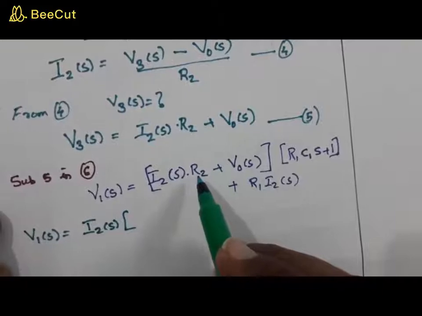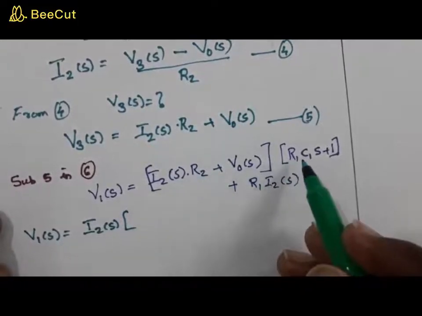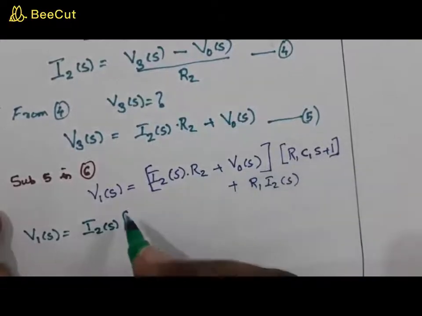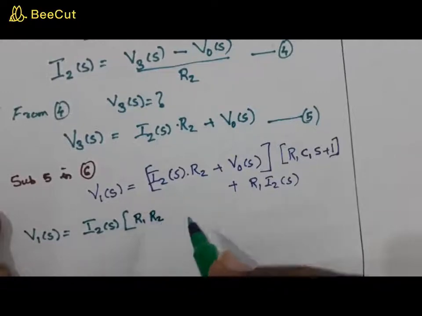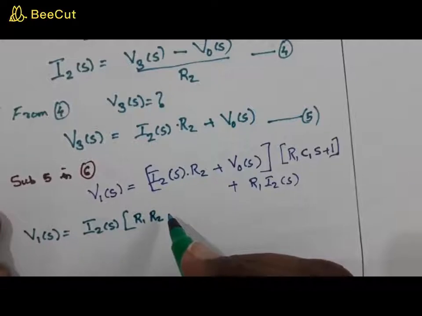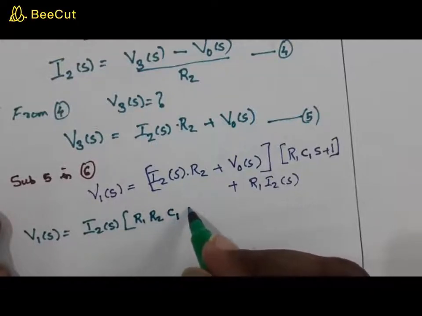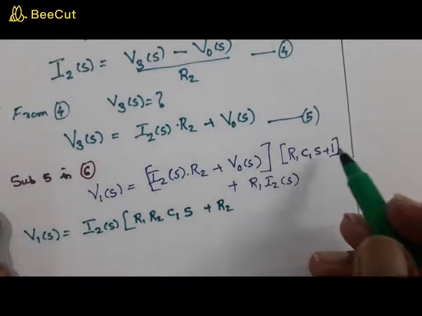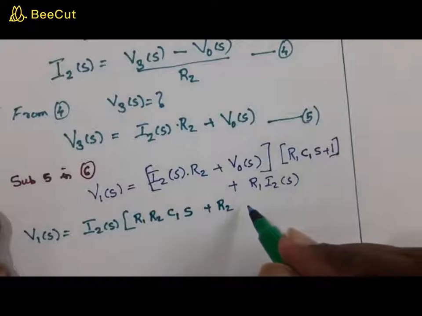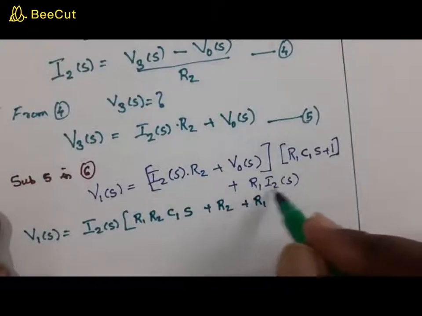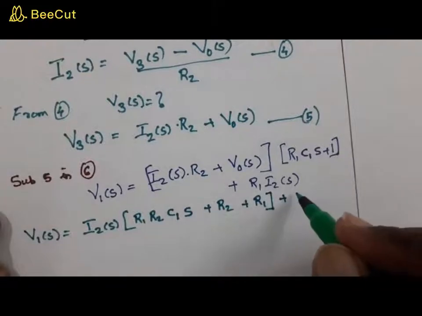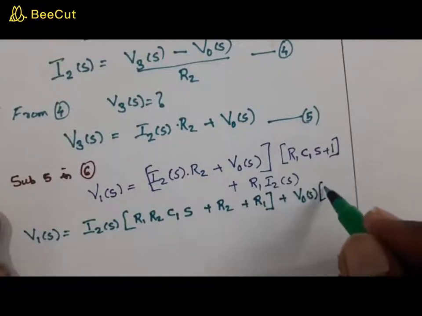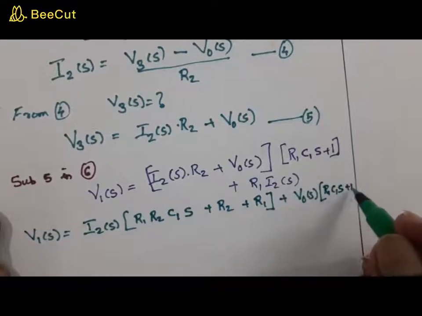R2 into R1 C1 s, so that will be R1 R2 C1 s, plus R2, then plus R1, plus V0 of s into R1 C1 s plus 1.